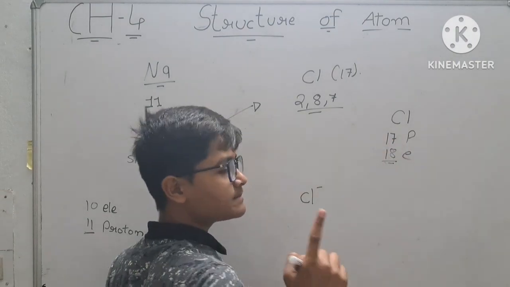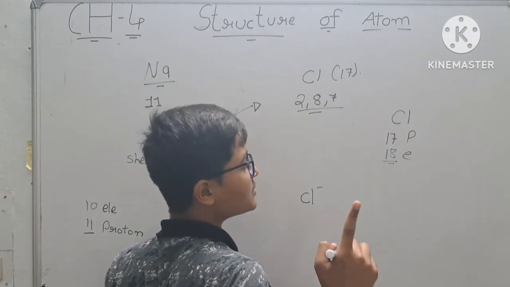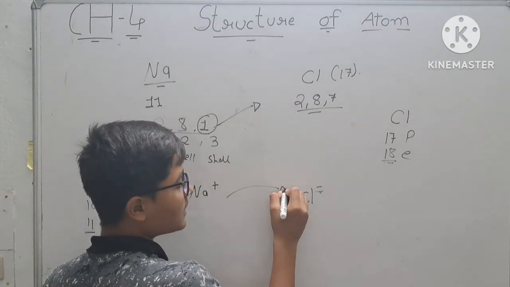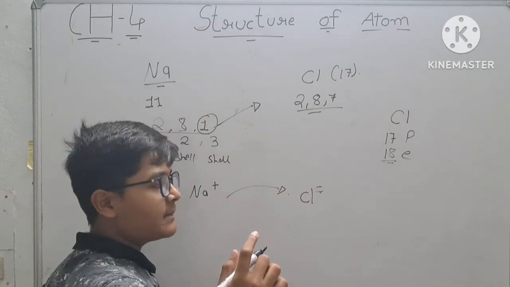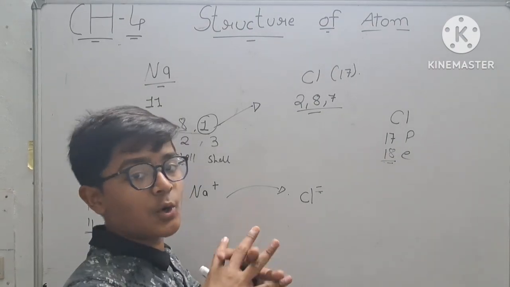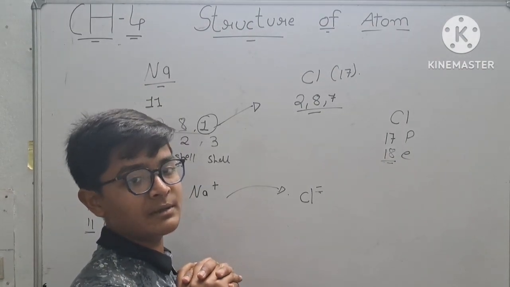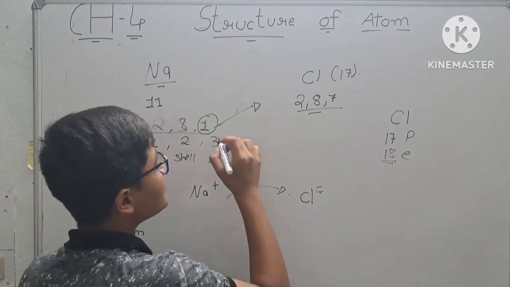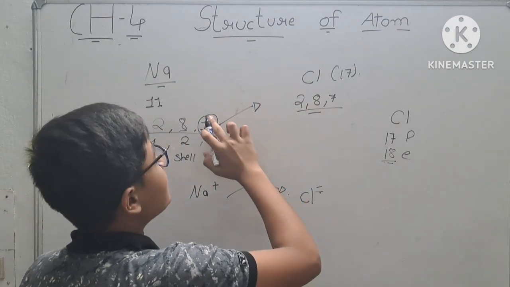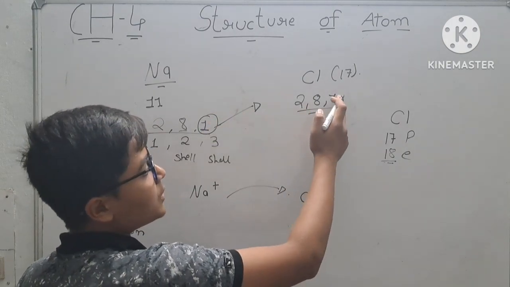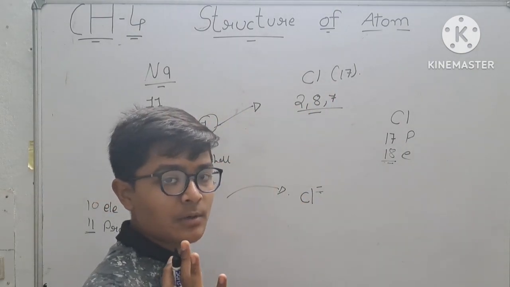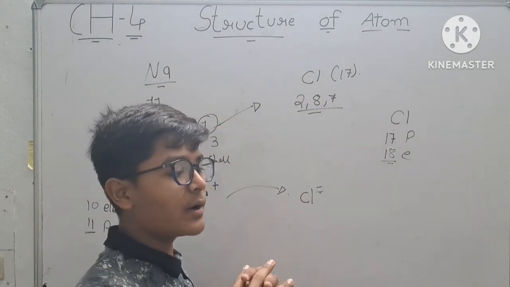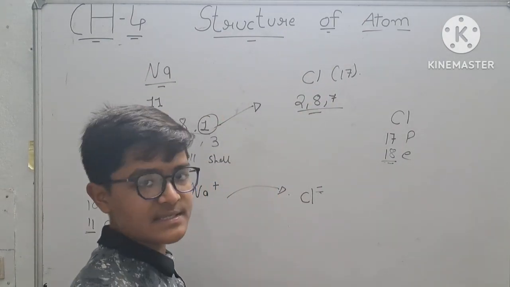So one electron is more than the protons, so it will become minus, and they will be combined with each other. Very strong bonding will be made between them, because chemically one is giving an electron and the other is gaining it. He is losing an electron, he is gaining an electron. So strong bonding between them is there.